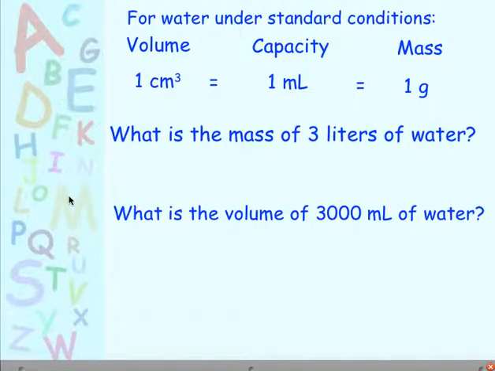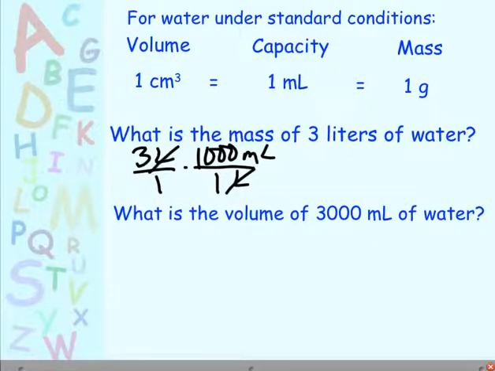So some simple ones here. What's the mass of 3 liters of water? Well, let's change that into milliliters. So 3 liters, and we can use our conversion from before, 1,000 milliliters to 1 liter. Remember, we're offsetting the ones we want to get rid of, so we can cancel those out. And we end up with 3,000 milliliters. And what's the mass?